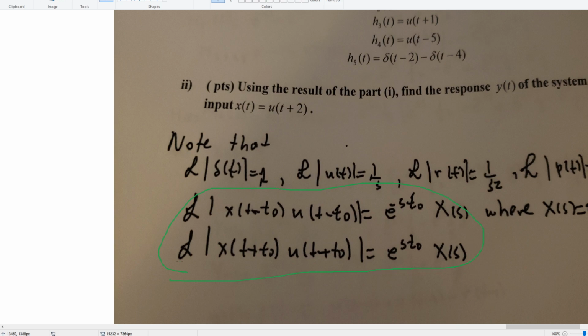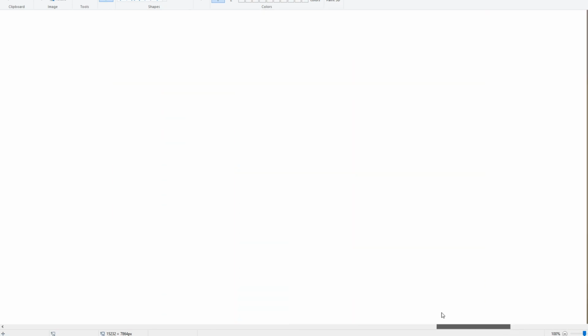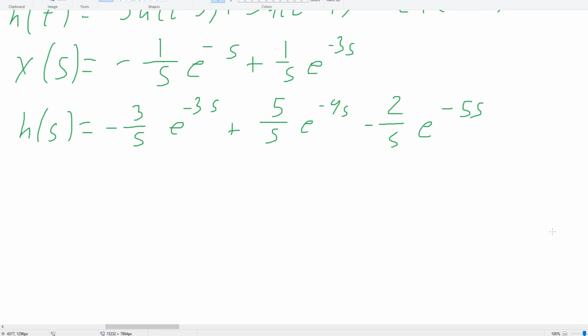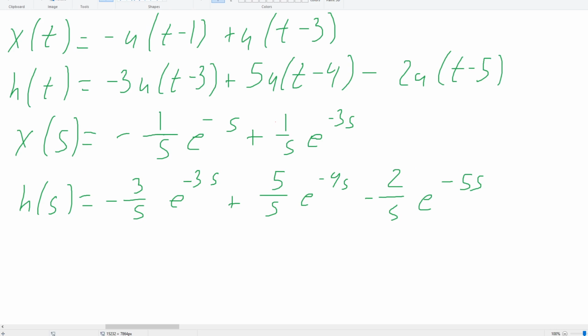Just say it's at t minus 3, so it's going to be e to the negative 3s. You don't have to remember that formula of x of t times u of t or whatever it was. Just know, okay, it's at t minus 3, it becomes e to the negative 3s.